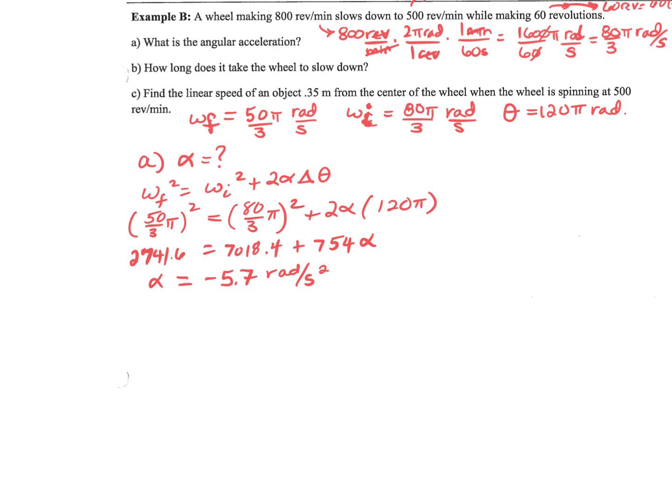You get about negative 5.7 radians per second squared.